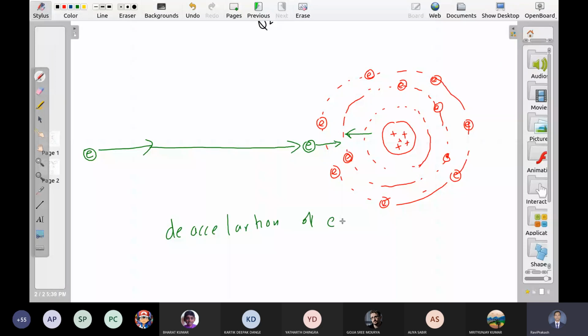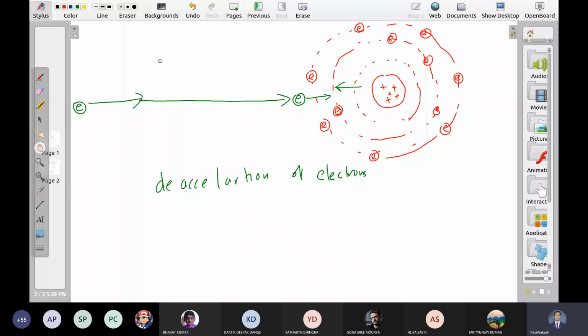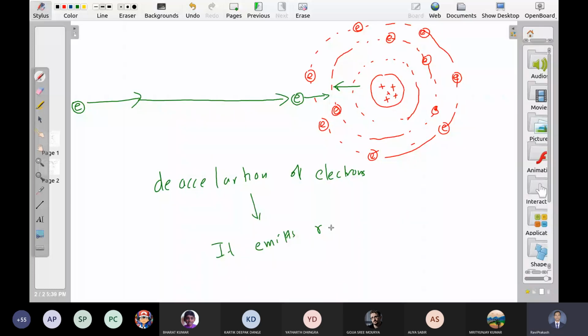And when an electron accelerates or decelerates, क्या होता है? जब कोई इलेक्ट्रॉन का स्पीड चेंज होता है, वो इलेक्ट्रोमैग्नेटिक वेव के फॉर्म में रेडिएट करता है.